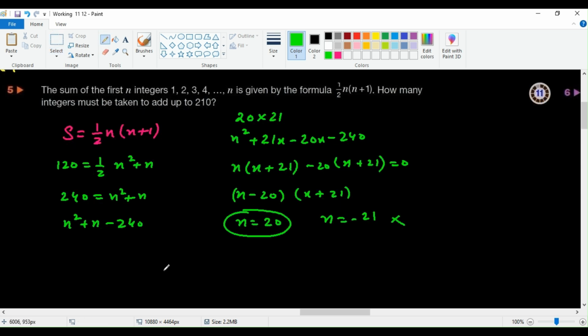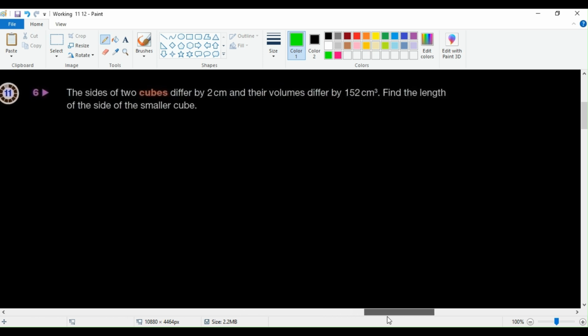Once we are done with question number 5, I am moving on to question number 6. In here it says the sides of two cubes differ by 2 centimeters and their volume differs by 152. That means we are talking about a cube. That means we are saying this is x cube, and the second one is x plus 2 whole cube.